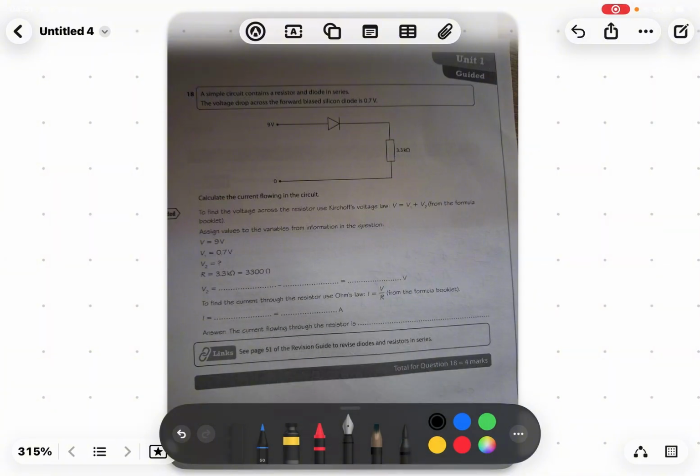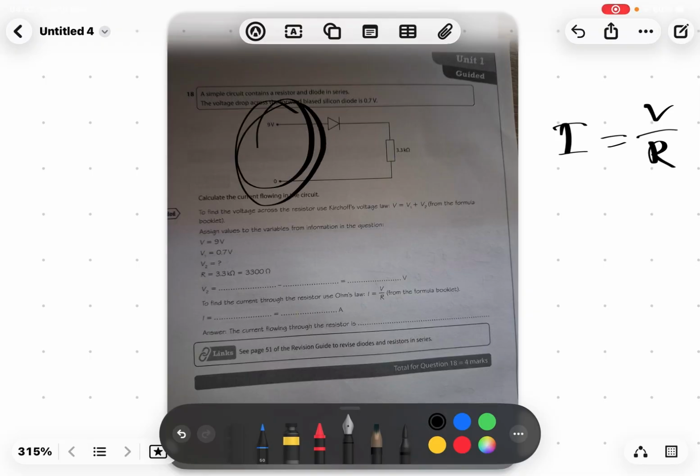So calculate the current flowing in the circuit. We usually think that current equals V divided by R. However, over here this doesn't quite work, as we don't have the actual full voltage, because there are 2 voltages as we can see. However, we're able to find the second one very easily by just doing 9 take away 0.7, because the voltage drops, it decreases by this number.